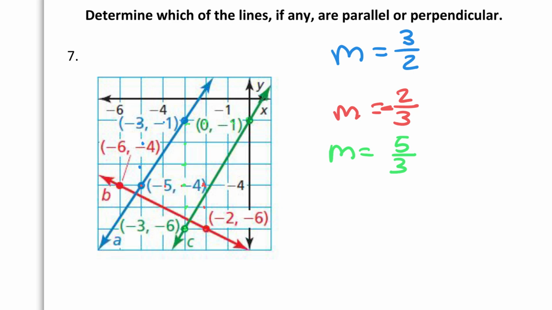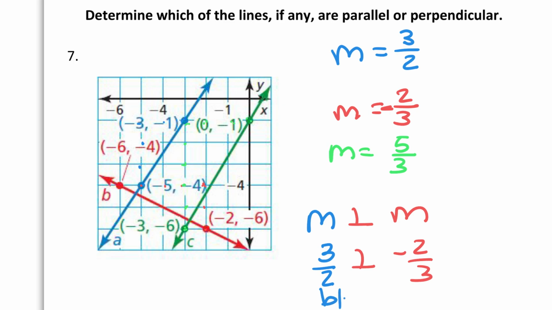But what is there is m of the blue line is perpendicular to the red line, because the slope of 3 over 2 is perpendicular to negative 2 over 3. So the blue is perpendicular to red.